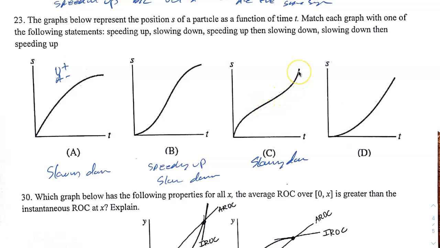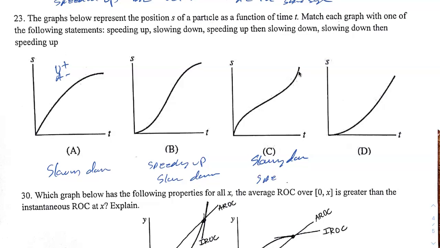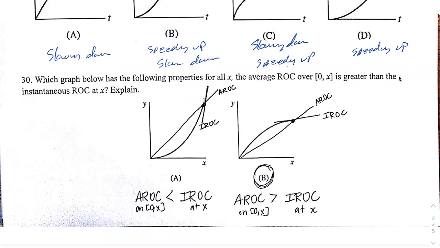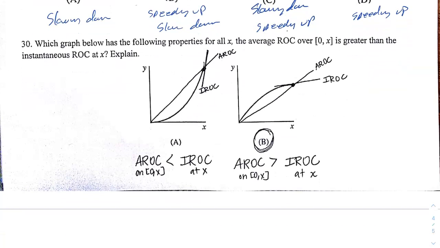So it's going like this. So speeding up. And this one's just speeding up the whole way. It's just going up the whole way. And the last one, I forgot to erase the answers. The answer's right there. It's B.